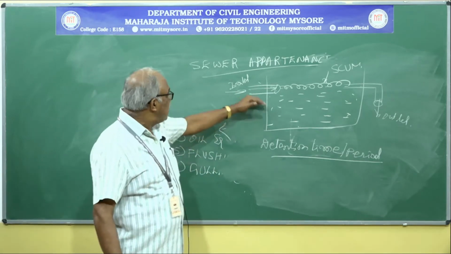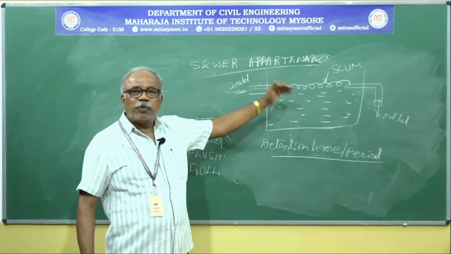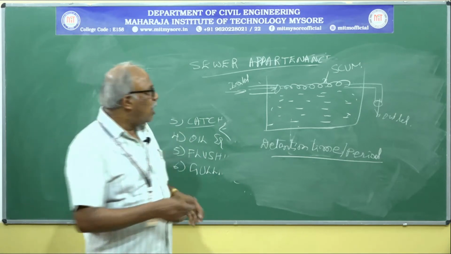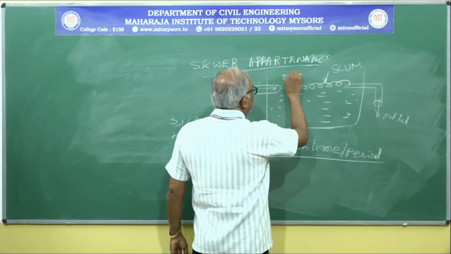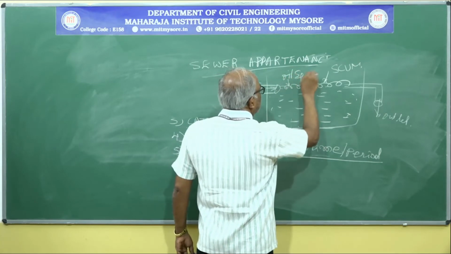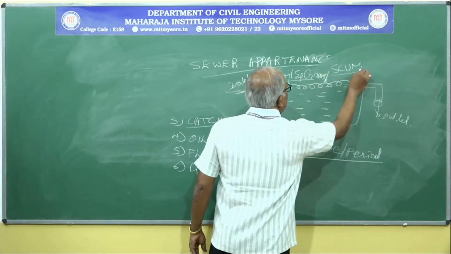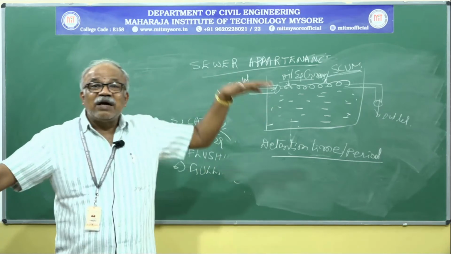In this oil and grease trap also, this tank will be provided and we have to give some time. Whatever oil and grease, or simply scum, will come to the surface level.